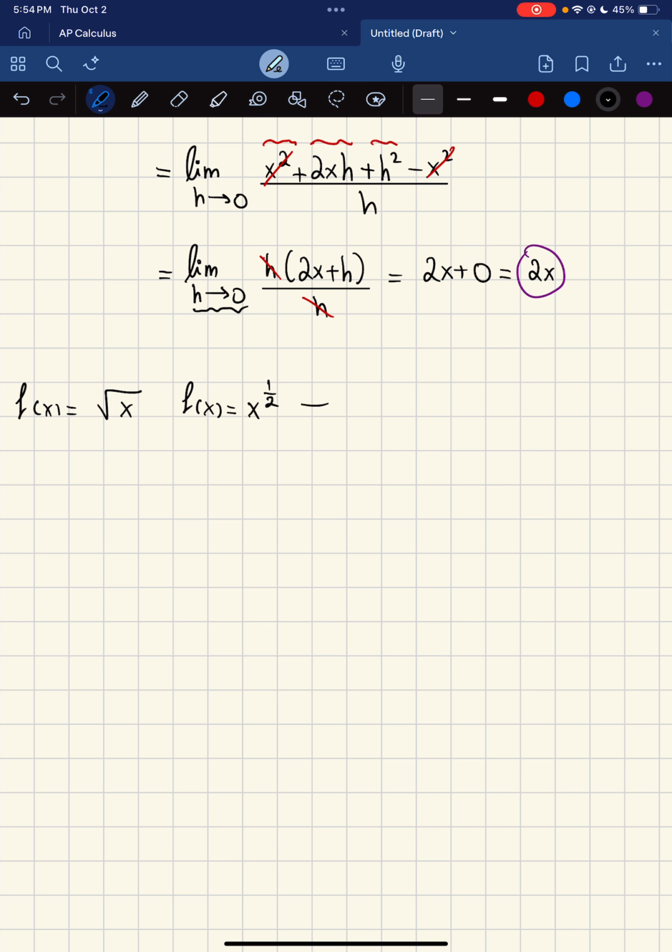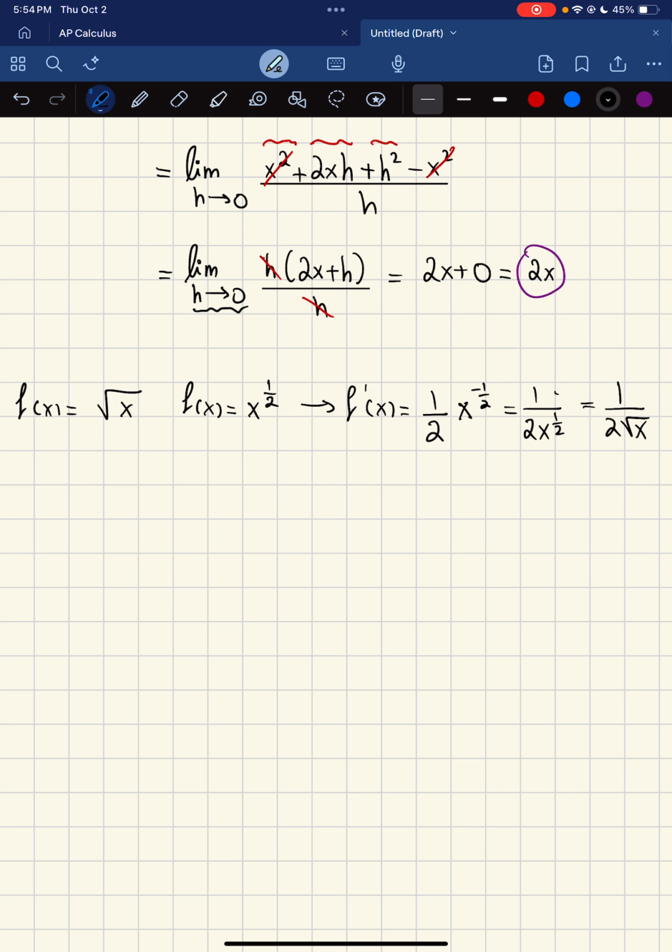So the derivative over here is going to be half x to the power of minus half, which is essentially 1 over 2x to the power of half, which is 1 over 2 square root of x. So this is the answer that I'm looking for after I finish the limit definition of derivative.